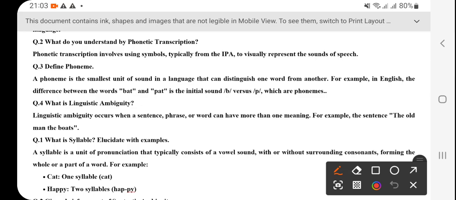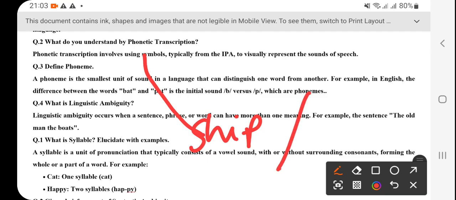For example, if you say ship, right? That's a ship. This is the phonetic transcription. So it will be done like this, and that is what you are listening to here.